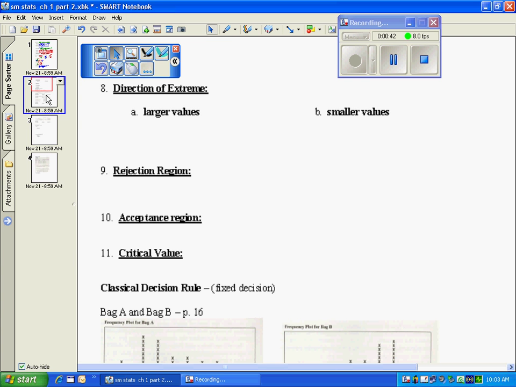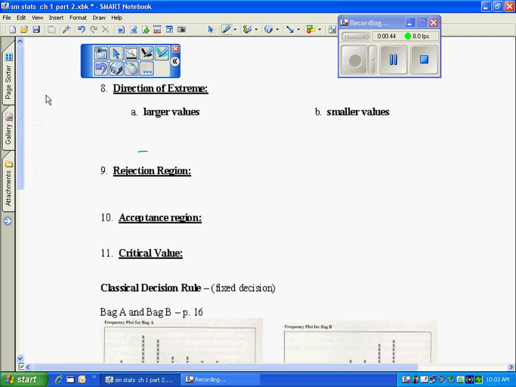The direction of the extreme. Well, if I look at a picture, large values, these values are what we would constitute as being extreme. In other words, if I landed in this region, that would be where my alternative would be, and notice that is on the right. So when we talked about directions of tests, that would be a right-handed test because in my alternative, I'm looking if I'm on the right or if I am greater than.